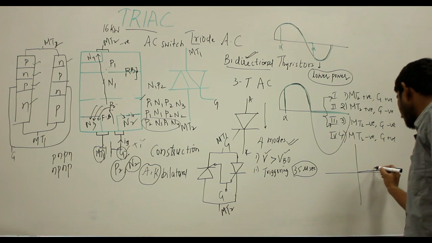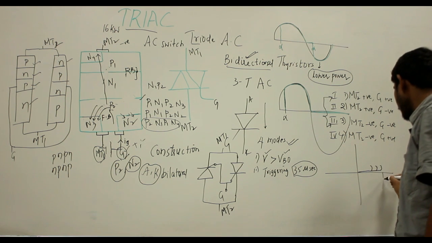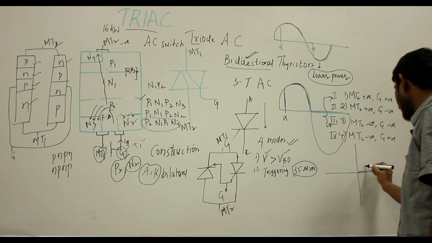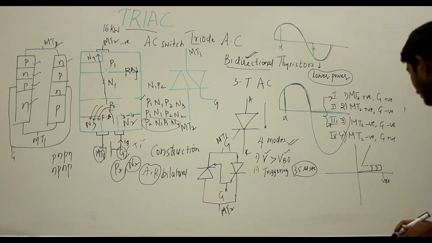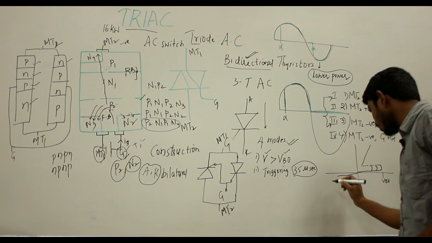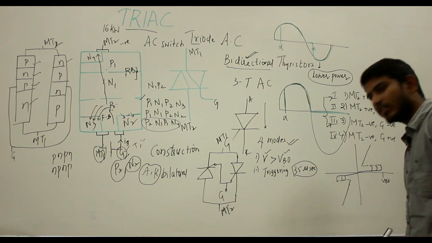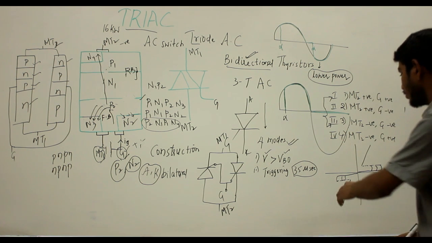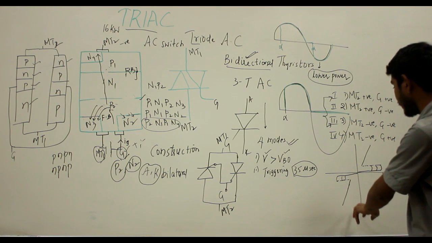In the blocking mode, when the voltage rises beyond the breakover voltage, the current will have a sudden increase, and in the reverse region also there will be a blocking mode, and once you increase the voltage beyond the reverse breakdown voltage, the current will increase in this manner.